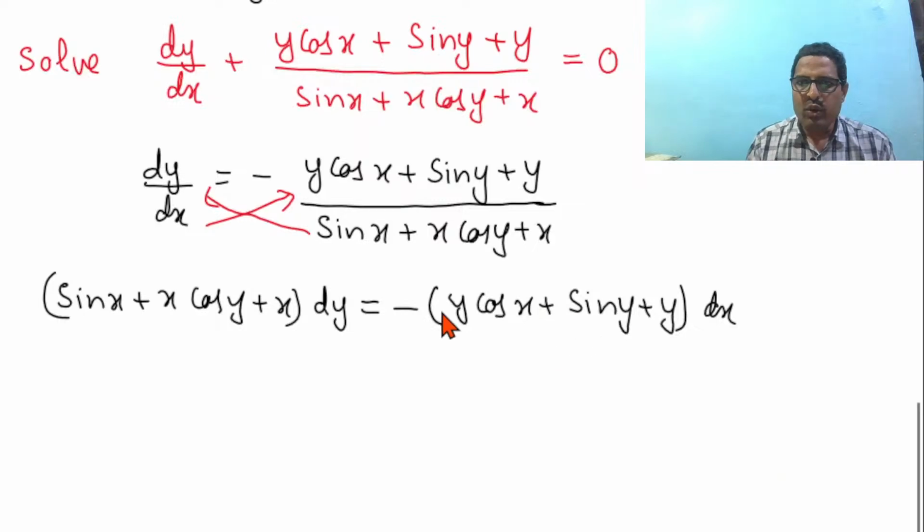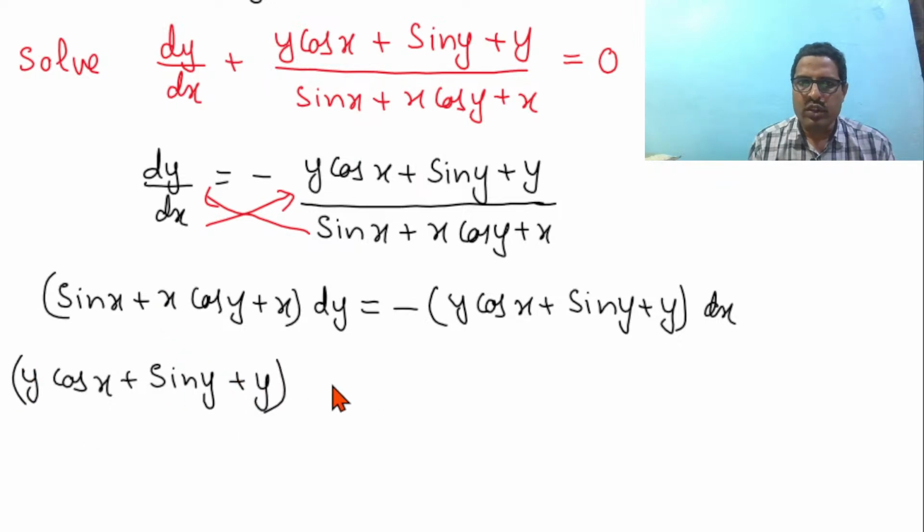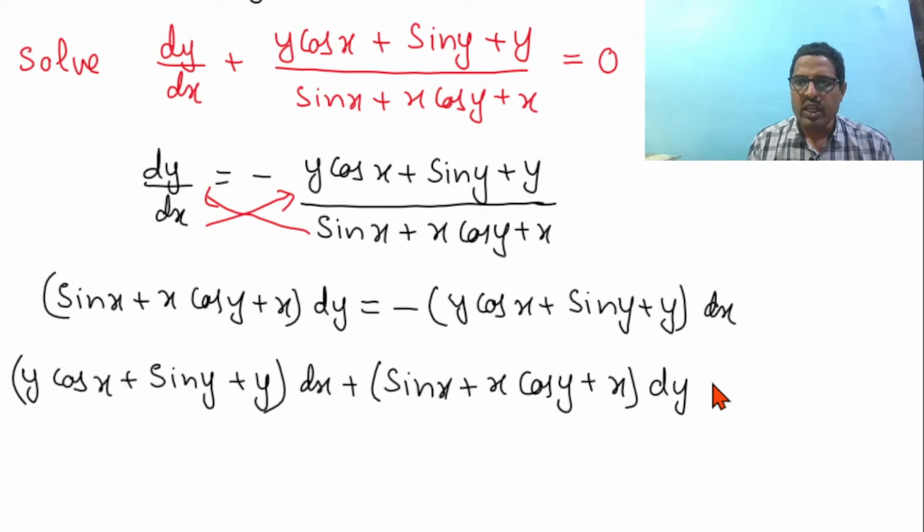Because this is a negative value, if I take it to the other side, it becomes positive: plus (y cos of x plus sin of y plus y) times dx. And this positive value remains as it is: plus (sin of x plus x cos of y plus x) times dy is equal to 0.